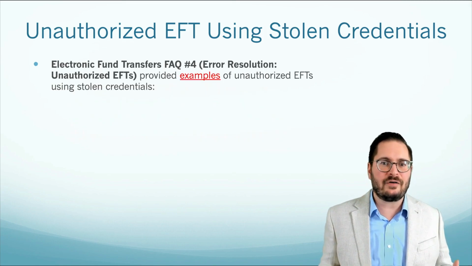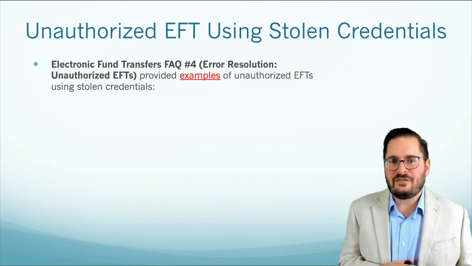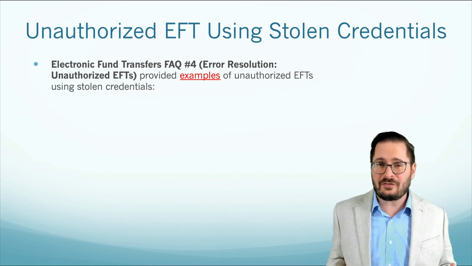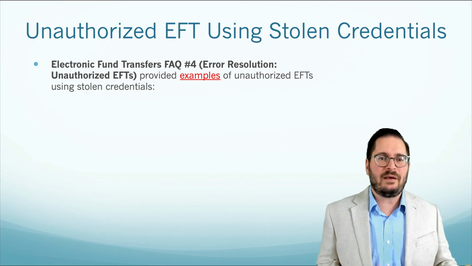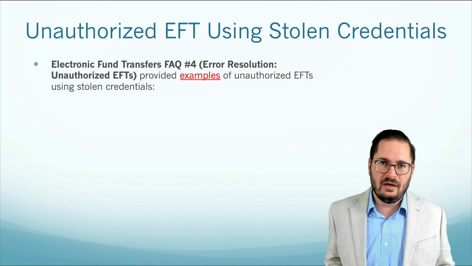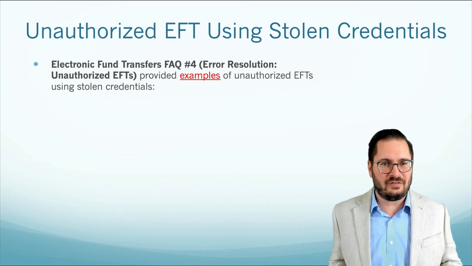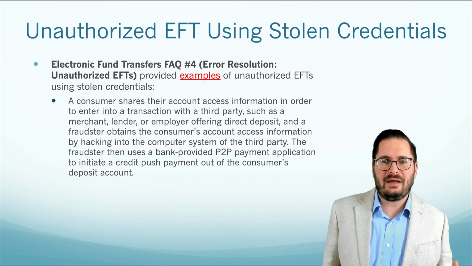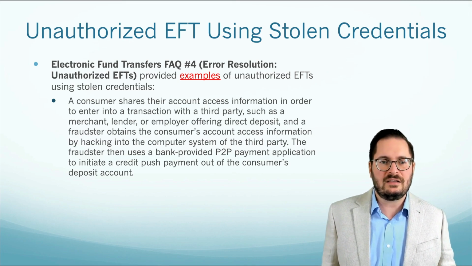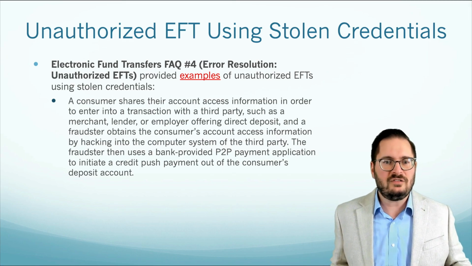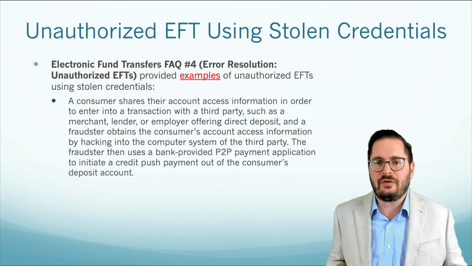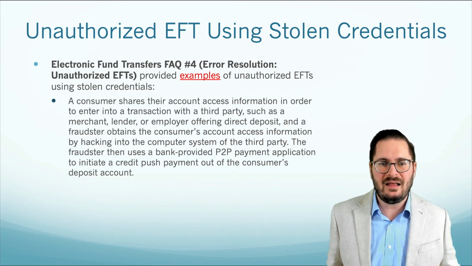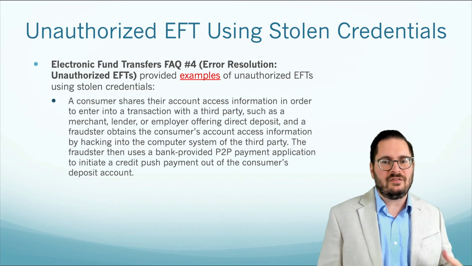Now, if we take a look at the frequently asked question from the CFPB, there is a frequently asked question number 4 that provides some examples of what an unauthorized EFT is, especially when there are stolen credentials involved. One example is, let's say, a consumer shares their account access information in order to enter into a transaction with a third party, such as a merchant, a lender, or employer offering direct deposit, and a fraudster obtains the consumer's account access information by hacking into the computer system of the third party.